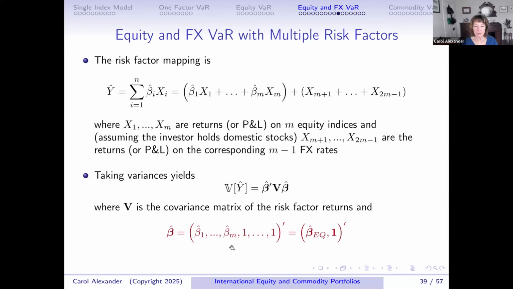You've got one column vector of the betas for the equity factors, and you've got a column vector of ones here for the betas with respect to the foreign exchange rates. And that V is a big matrix. It's of dimension M plus M minus 1, so 2M minus 1 by 2M minus 1.